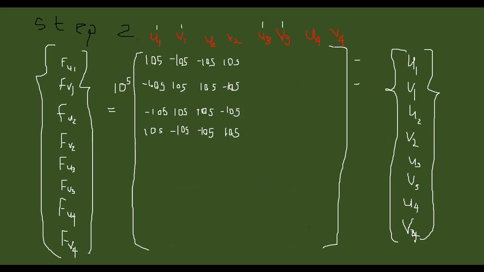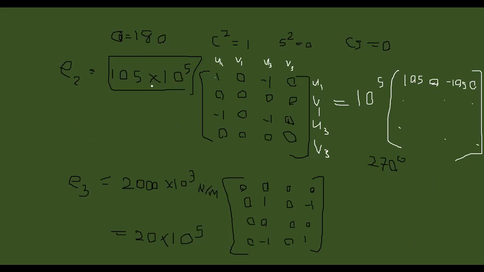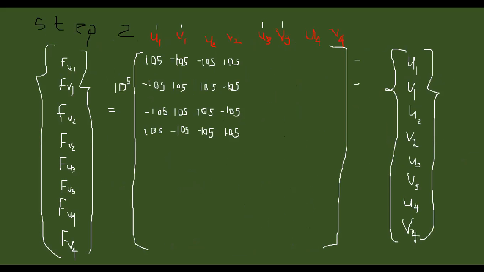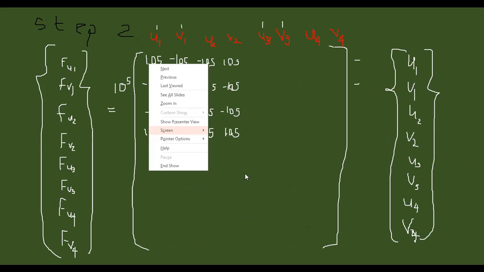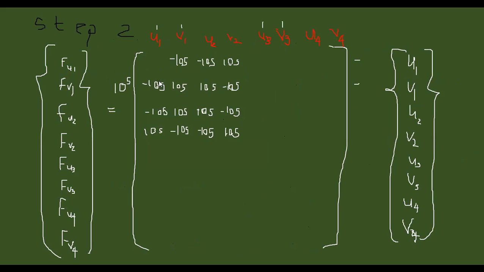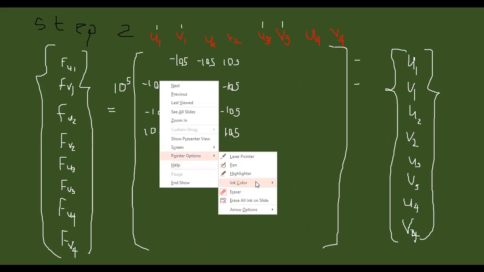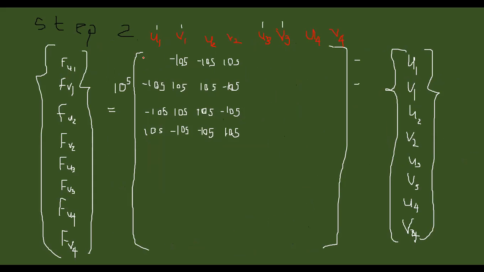The first 4 elements of the matrix will be added to these 4. This is 0, so nothing happens, and only this one becomes 105 plus 105, so that will become 210, right?